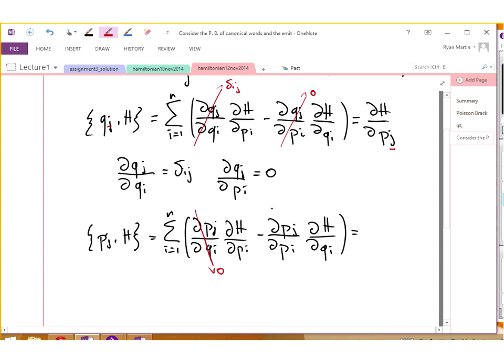So similarly, this term here must equal 0, and this term here is equal to delta ij. That's a third relation, which I didn't write up here, that ∂Pj/∂Pi equals delta ij. And so again here we're left with minus ∂H/∂Qj.